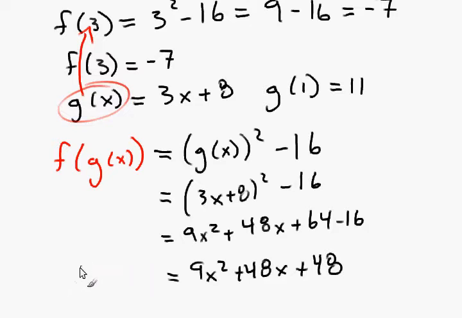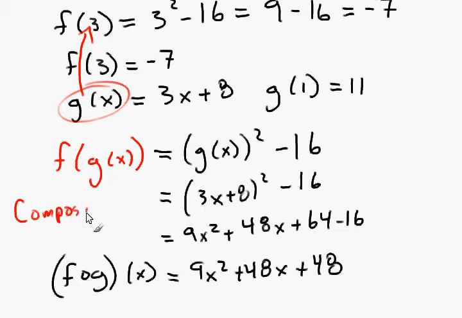And commonly we would write that as f composed with g of x. So this right here is composition. It's when we apply one function to another function. Likewise, we could find g of f of x. We could find g composed with f instead of f composed with g. Let's see what we get.